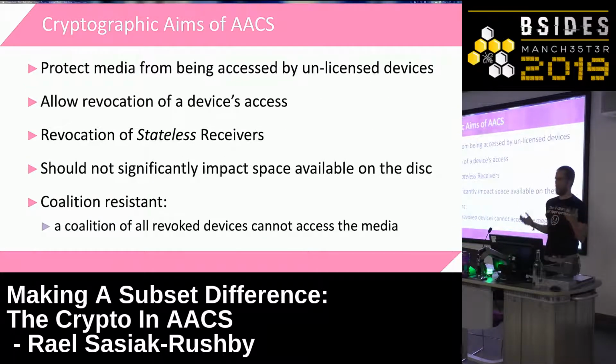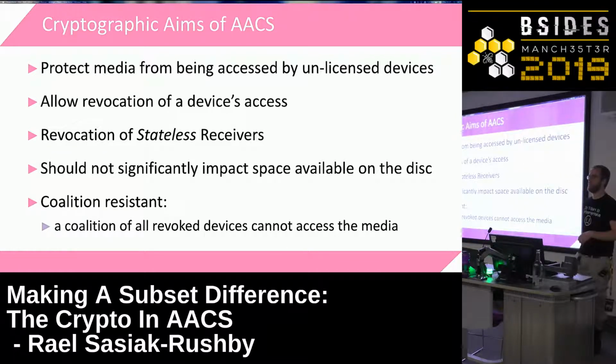So what are the aims of it? It's designed mainly for disc media, to protect the media from being accessed by unlicensed devices. You've got to have a device that has a specific license, and they've got a key that they have obtained from the licensing authority that allows you to decrypt that media.